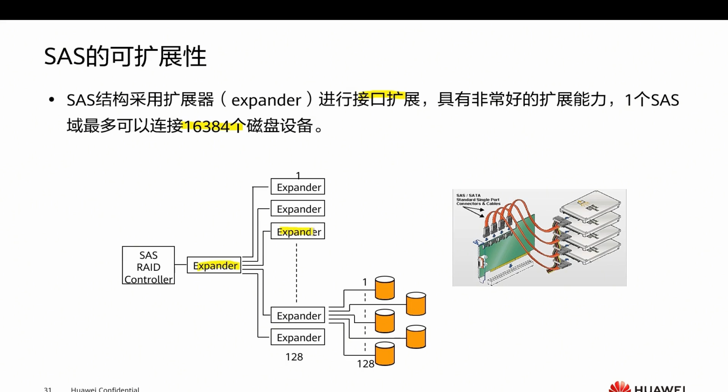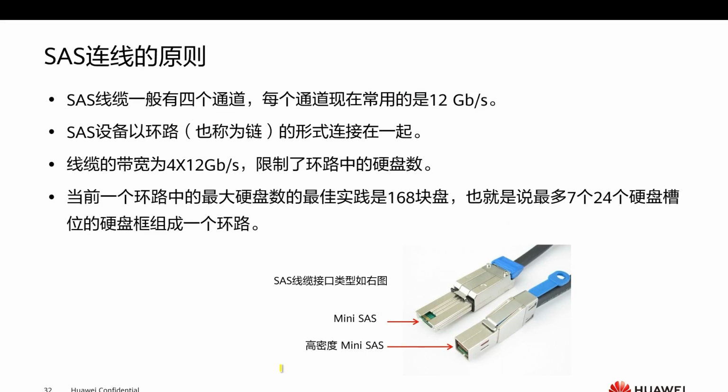Each expander can connect up to 128 terminal devices or 128 expanders. The SAS expander is equipped with an address routing table, which records the addresses of all SAS drives. But in actual use, because of bandwidth reasons, the terminal devices connected by the expander are actually fewer than 128.